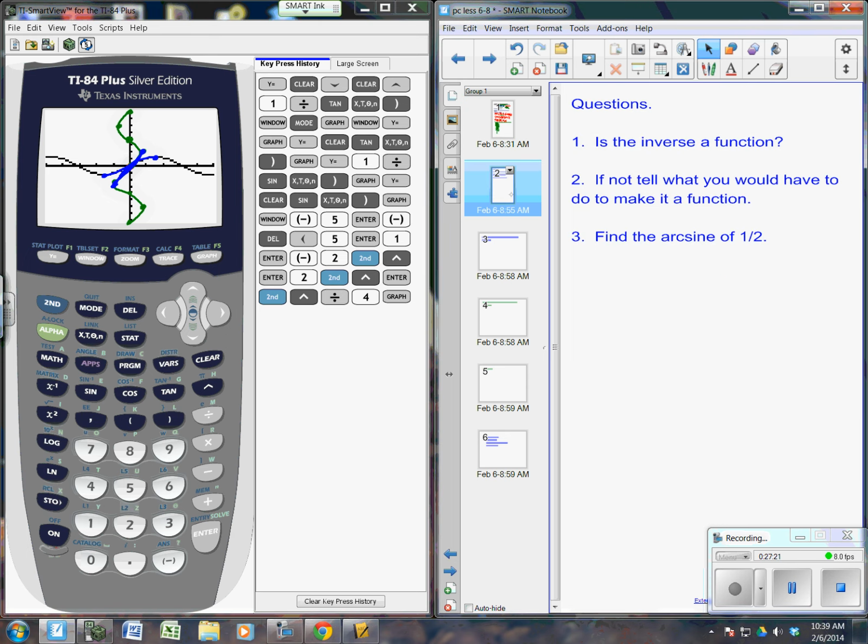Let's go right here. Okay, is the inverse a function? No. If not, tell what you would have to do to make it a function. Restrict the domain of the original function, right? So the domain of y equals sine x would have to go from where to where?